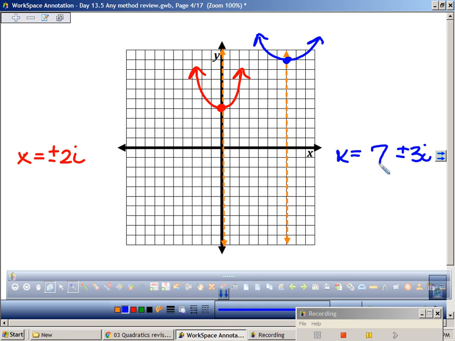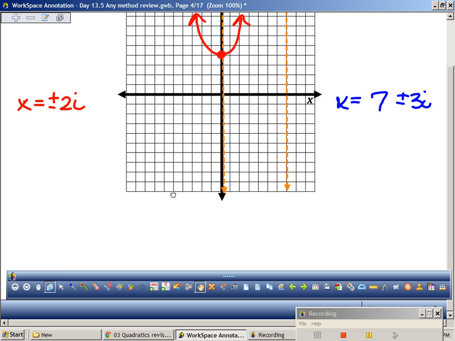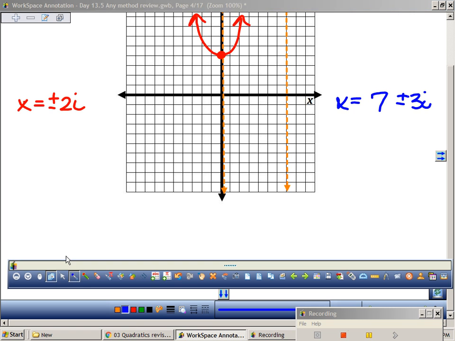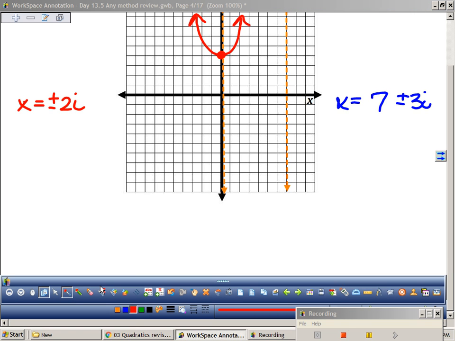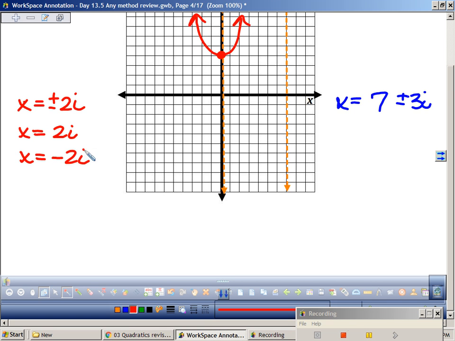Okay. Now I'm going to take it one step further. So let's look at this one. If these are my roots, wouldn't I say x equals positive 2i and x equals negative 2i? If I would subtract that, wouldn't I get x minus 2i equals 0 and x plus 2i equals 0?